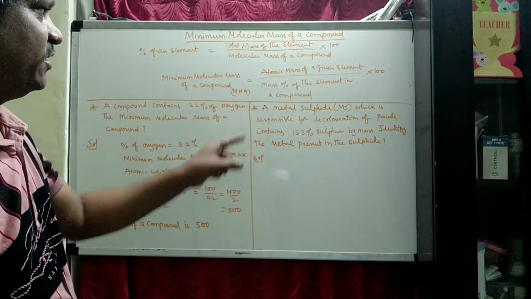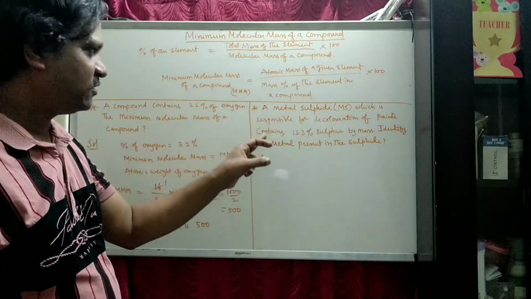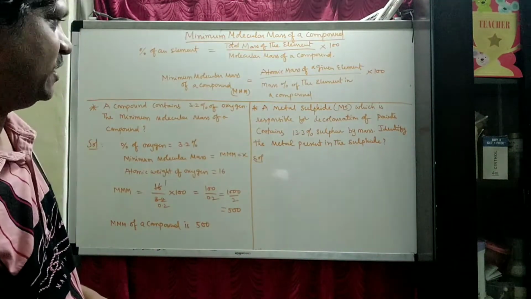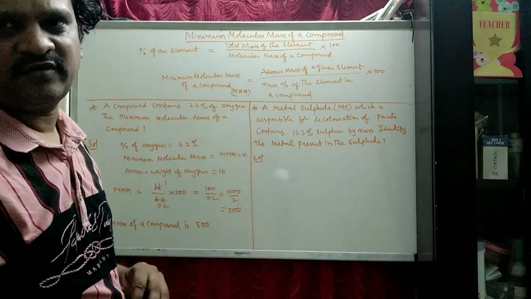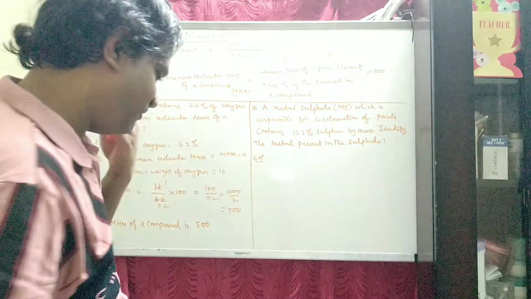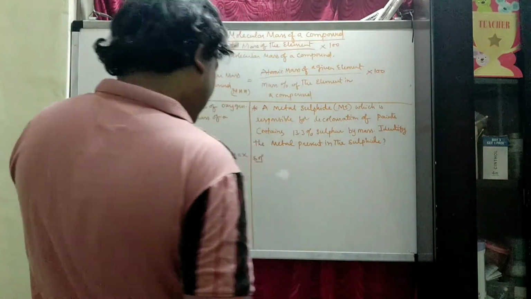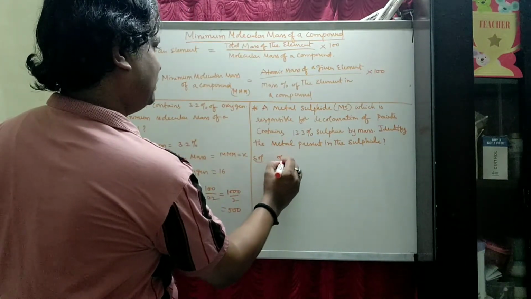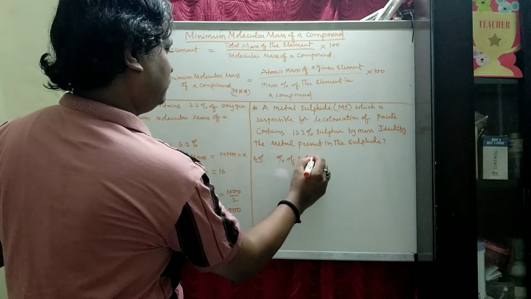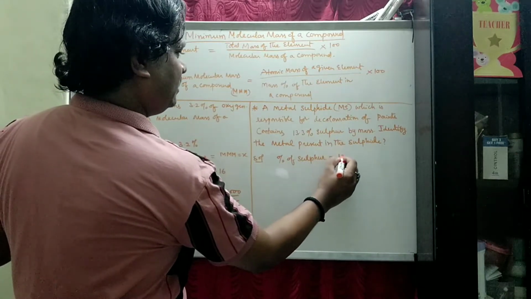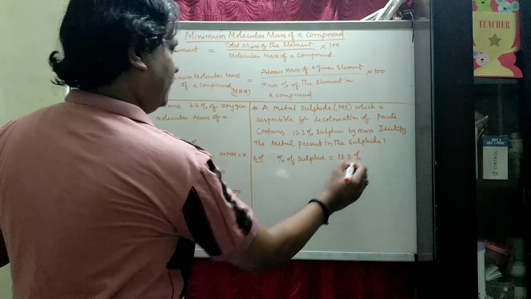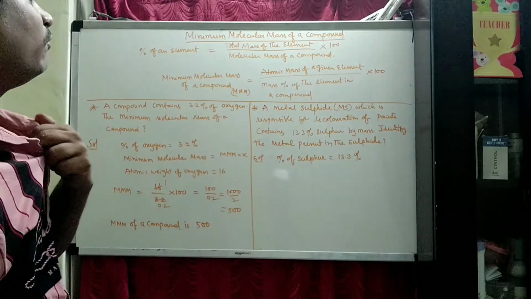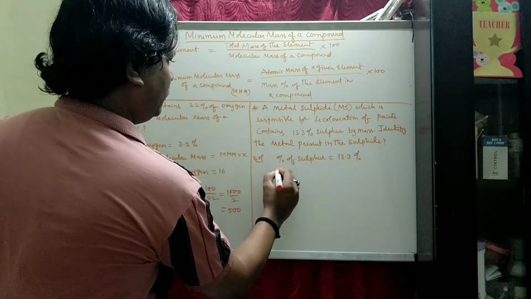So a metal sulfide which is responsible for decoloration of paints contains 13.3% of sulfur by mass. Identify the metal present in the sulfide. Let us take the given data first. The percentage of sulfur is given as 13.3. You have to find the metal.